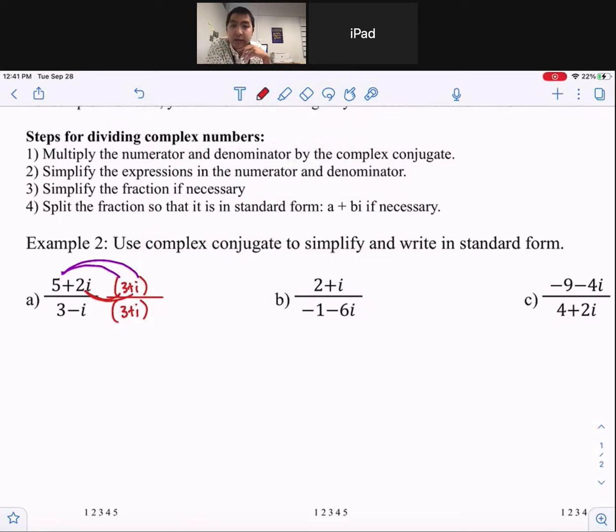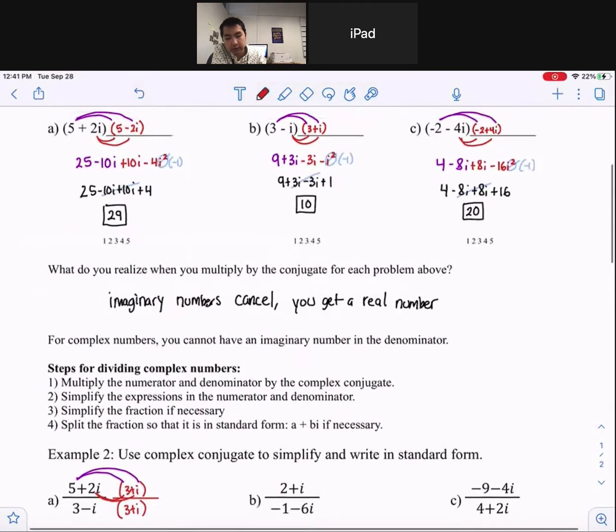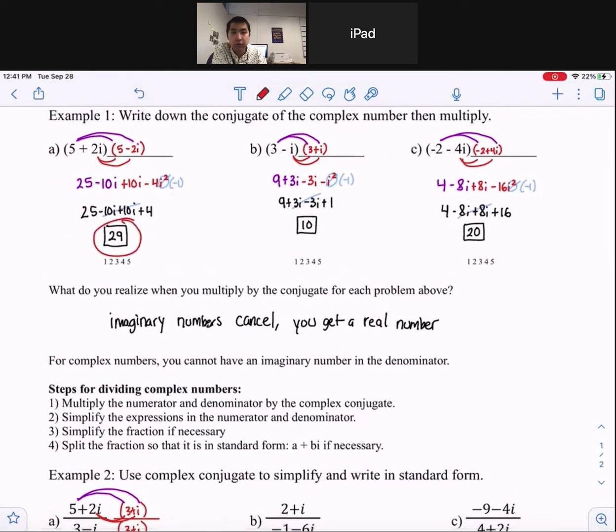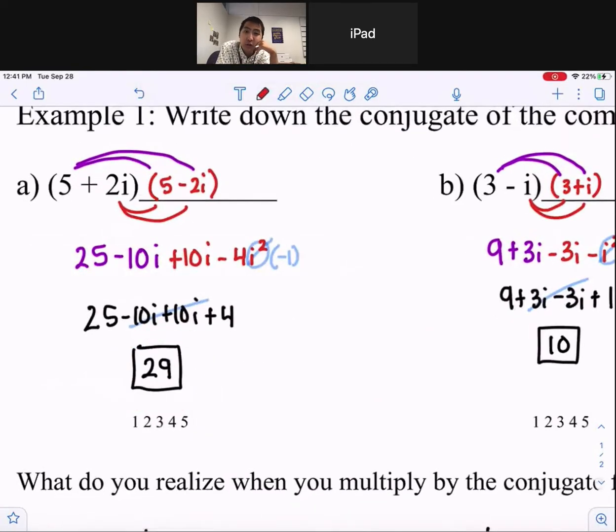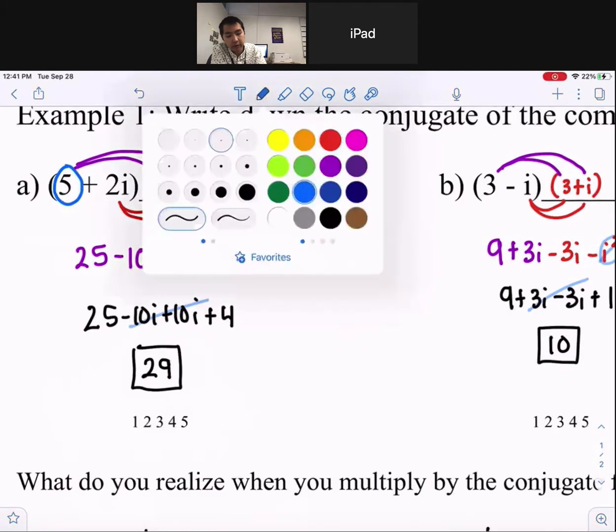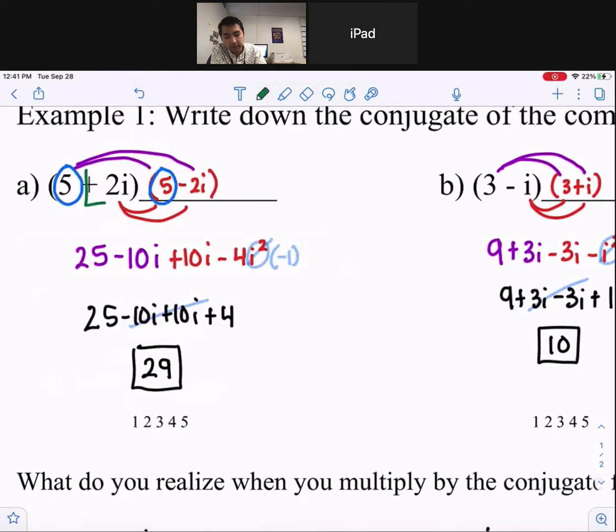In the denominator, one thing you should notice is we only get real numbers. Since you know the imaginary numbers disappear, what you're really doing, and this is a shortcut, is multiplying the two front numbers and multiplying the two second numbers.